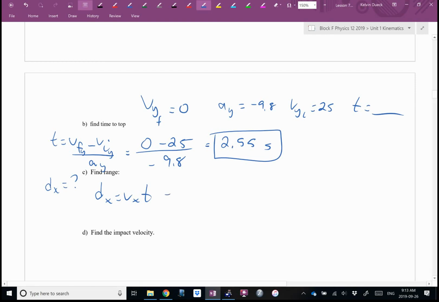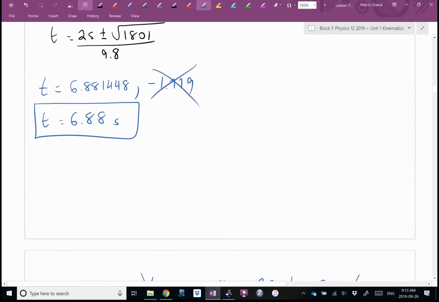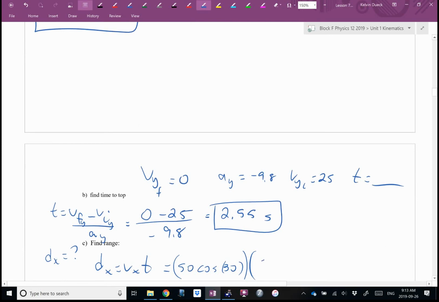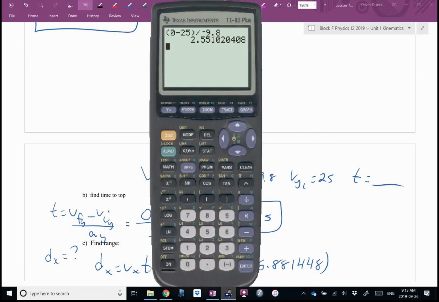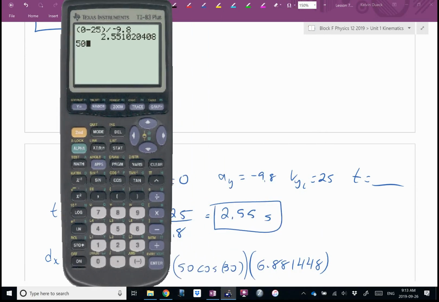So it's going to be 50 cos 30 times 6.881448. 50 cos 30, close off the bracket, times 6.881448. And I get 297.9, you know what? 298 meters.